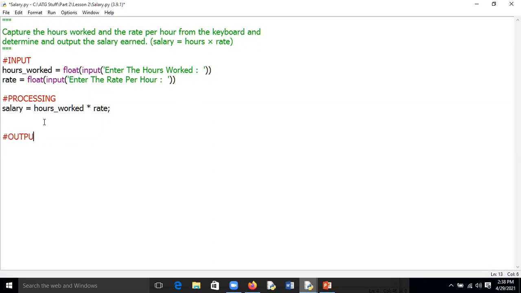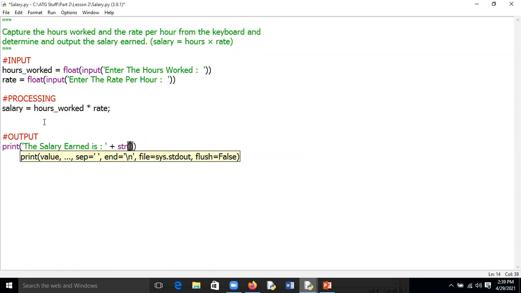And we are looking at our output and we're going to say print the salary earned is, and once again, salary is going to be of type float, and we have to cast it to output it, and we're going to go with salary.